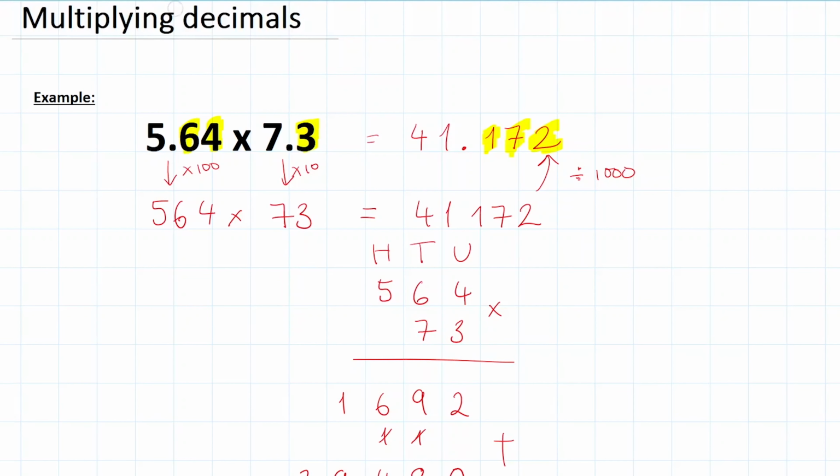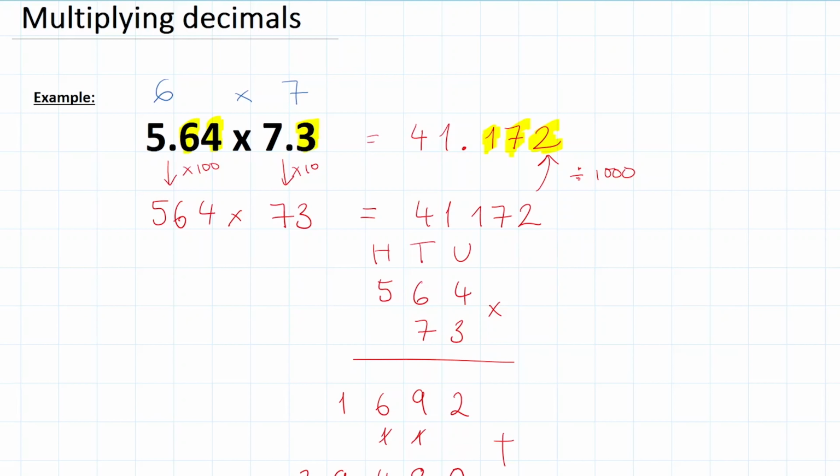Another thing I would want to check is to use estimation to see if my answer is similar to what I get when I round things. 5.64 is approximately 6 if I round it to the nearest whole number, or to one significant figure. And 7.3 rounded to one significant figure is 7.